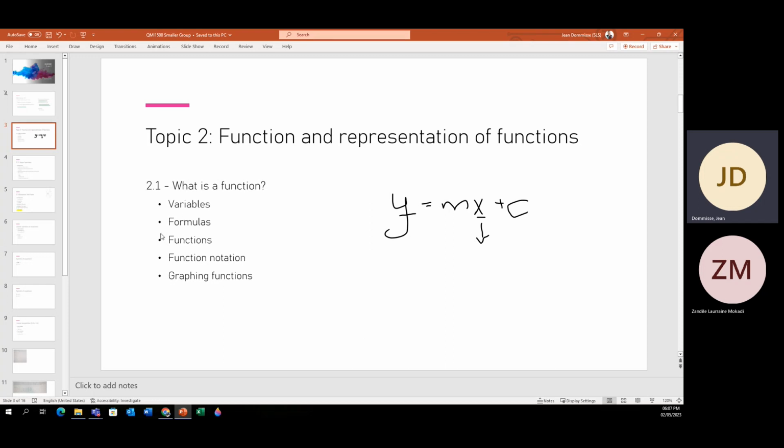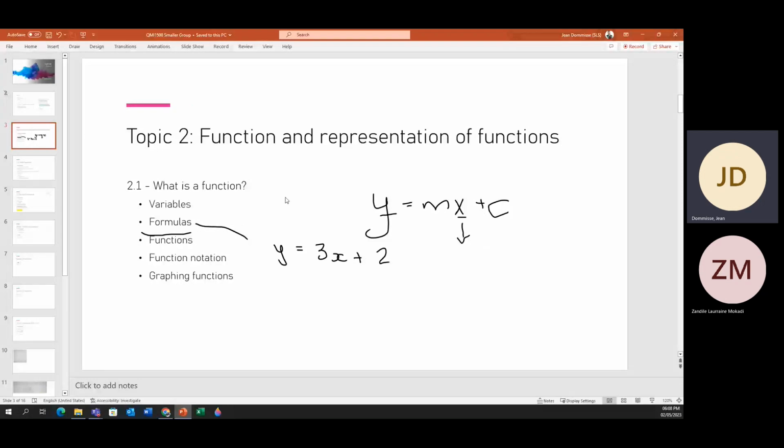So what you will get is that they will give you a formula, and they might say your formula is something like y = 3x + 2. They actually give you the numbers, and then they will say, solve y if x is a certain value.